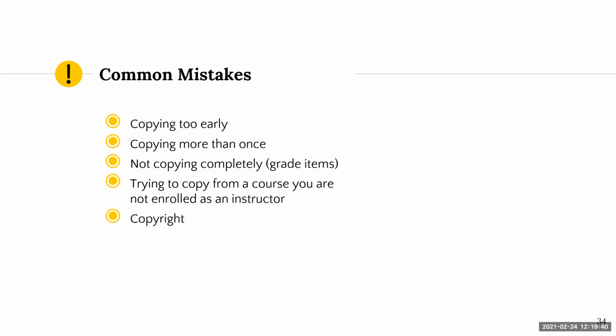The same thing though will happen between face-to-face and online. So just because you use something in a face-to-face course doesn't mean you can post it online for your online sections. If you have any questions about that, you can feel free to reach out as well. And I believe there is a copyright basecamp coming up later in March.